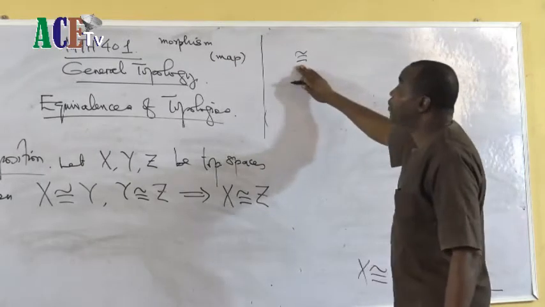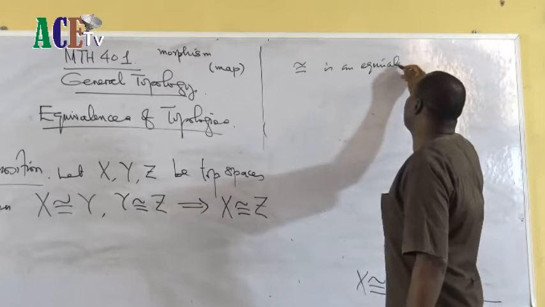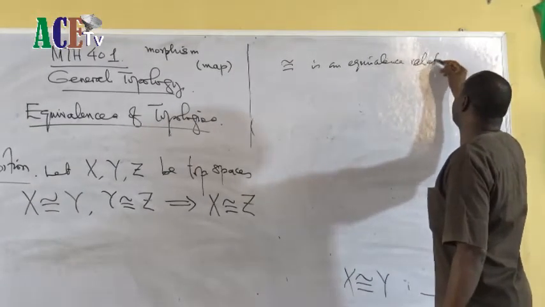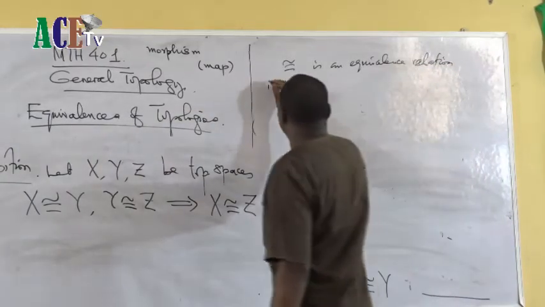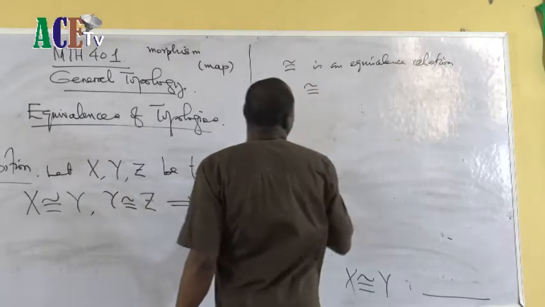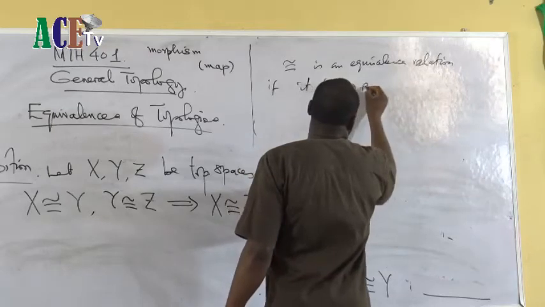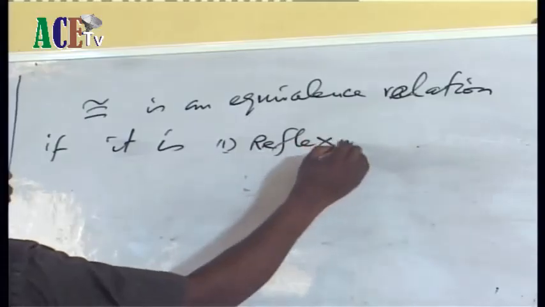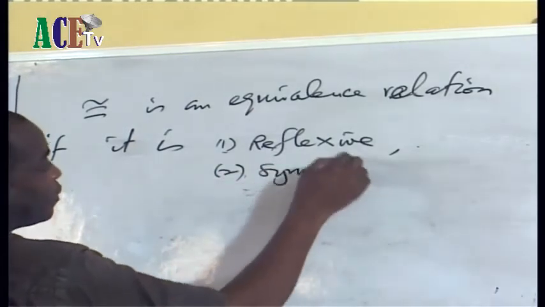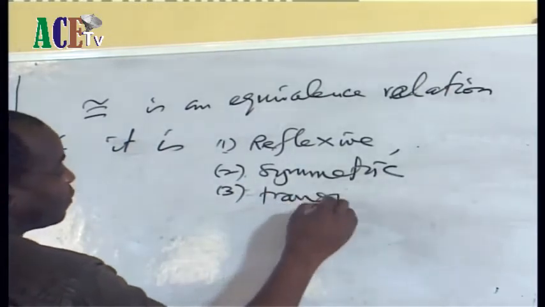So this homeomorphism is an equivalence relation if it is 1, reflexive, 2, symmetric, and 3, transitive.